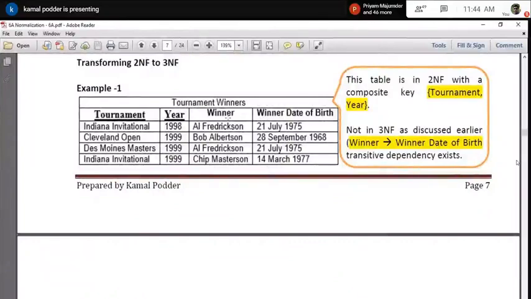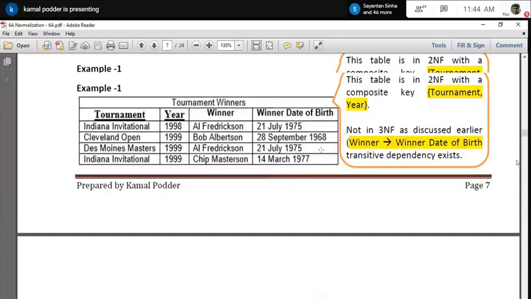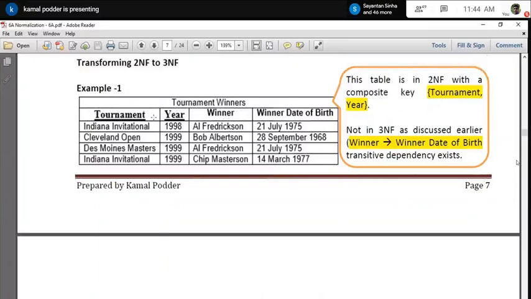I have already covered this in an earlier example also, so you can just see the table. Basically, you are recording the winner of a tournament. This is the tournament winner table. The information you are storing is tournament, year, winner, and winner's date of birth. Tournament and year are the primary key, so definitely the winner depends on this.